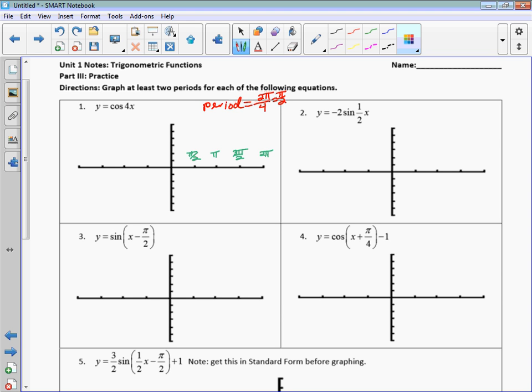So if I just want to see one cycle of the graph by the time I get out here, what should this last tick mark be labeled? Pi over 2. And how did I find that? Like, what did I divide by? Four, right? Okay. And so to relabel the rest of these, you have to divide them by 4.